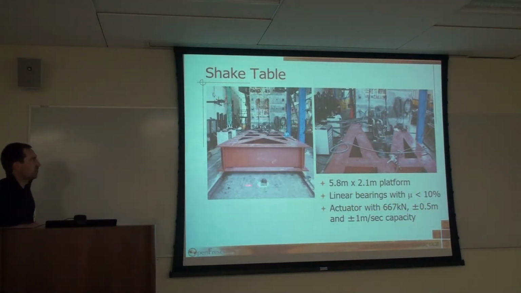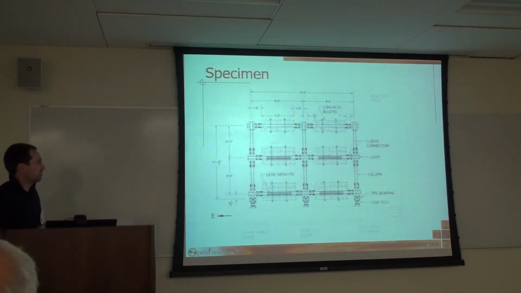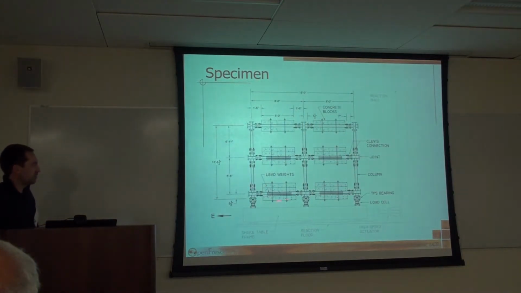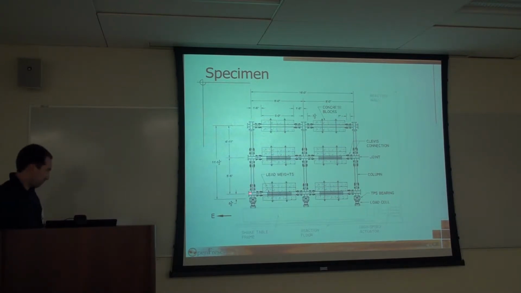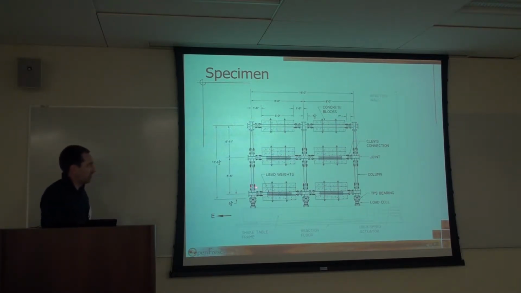So we did this. We basically built this special purpose setup, and I think you've seen it yesterday in the laboratory during the lab tour, this 1 degree of freedom shake table that we have at the lab in 484. The specimen that we put on top of it was basically this 2-story isolated structure, and this is like this reconfigurable structure that we have here at the PEER lab that has all these clevises with coupons that we've seen in the small component application yesterday.